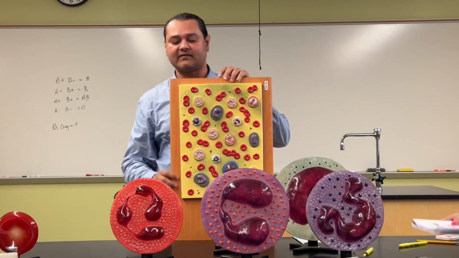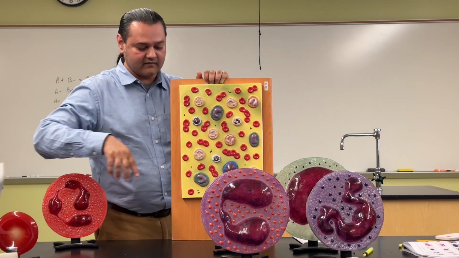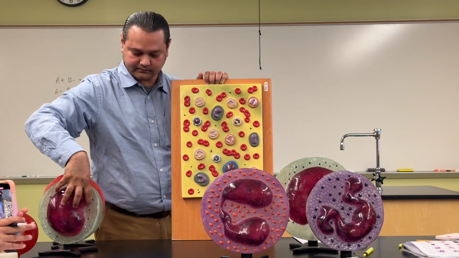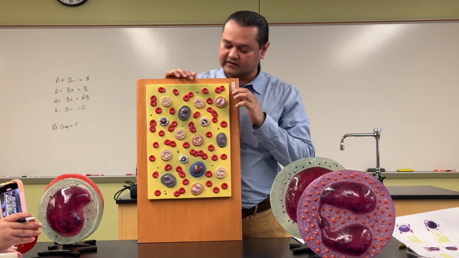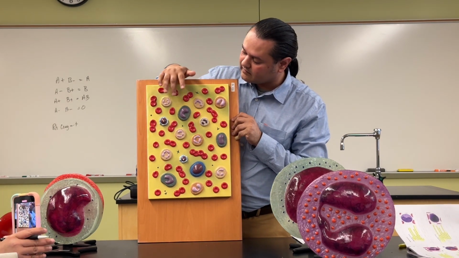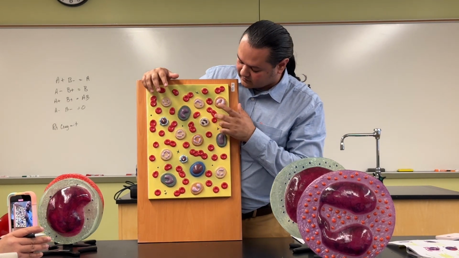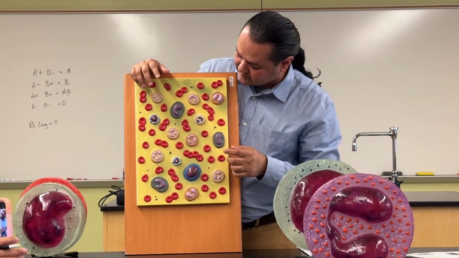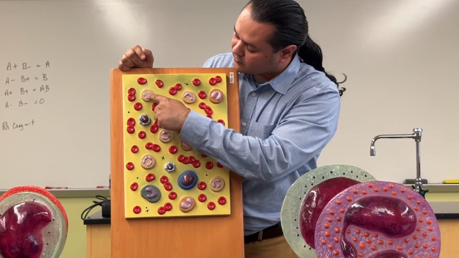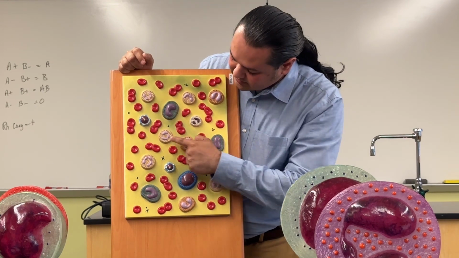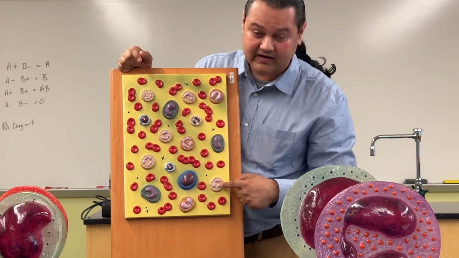There's a couple of things you have to identify on the plaque. So first, you see the red dots. These are the red blood cells, the erythrocytes. Then you see the clear cells with the 3 to 5 lobes here, here, here, here, and here.